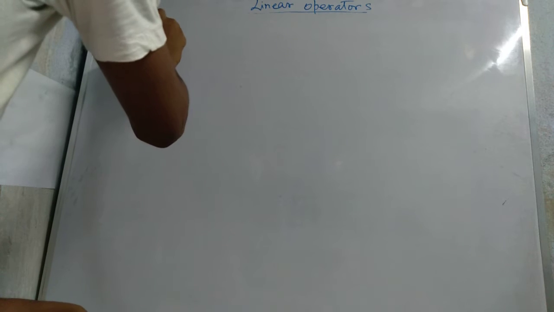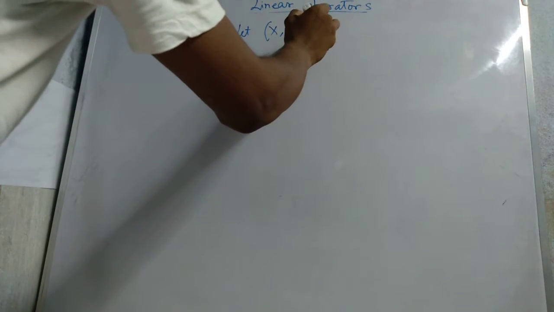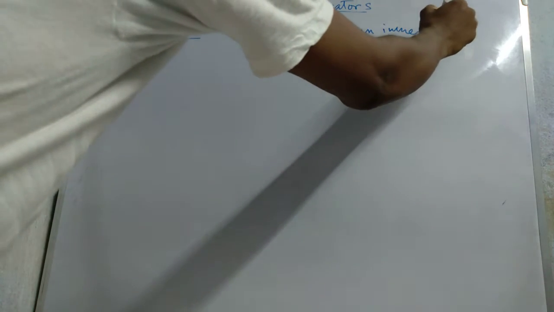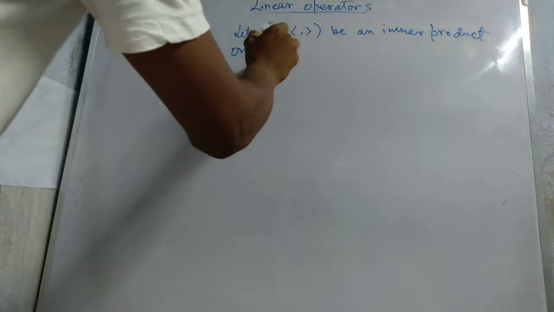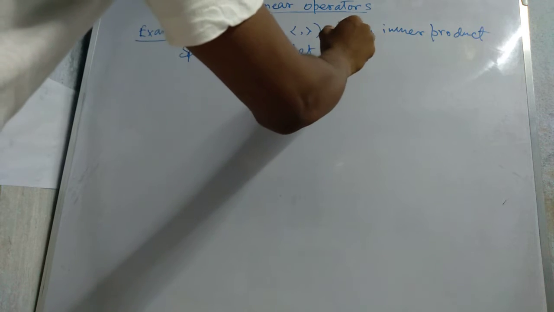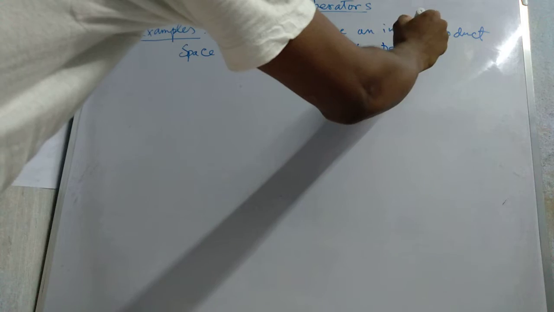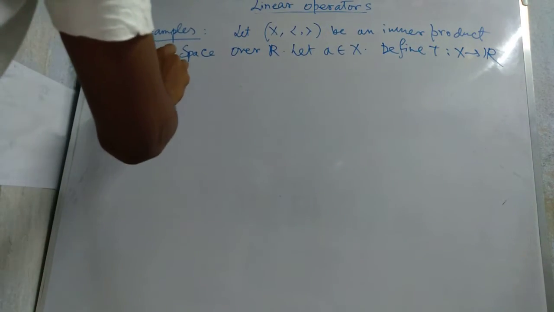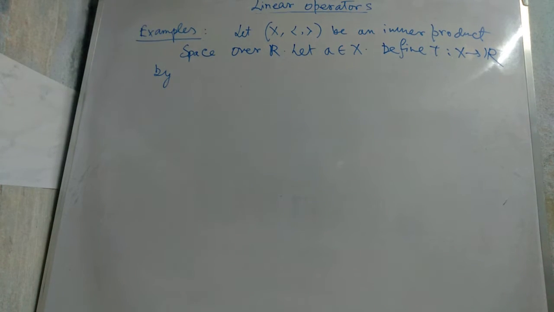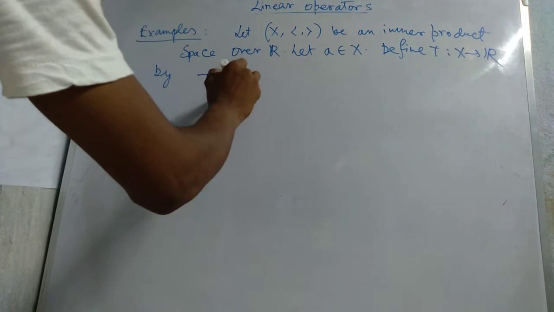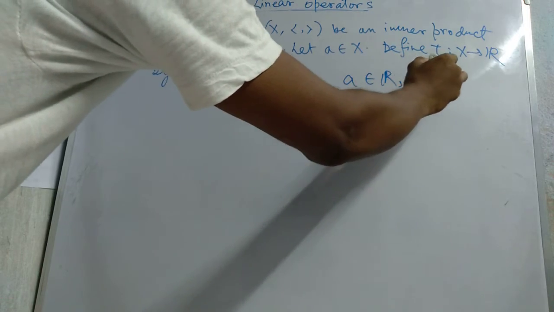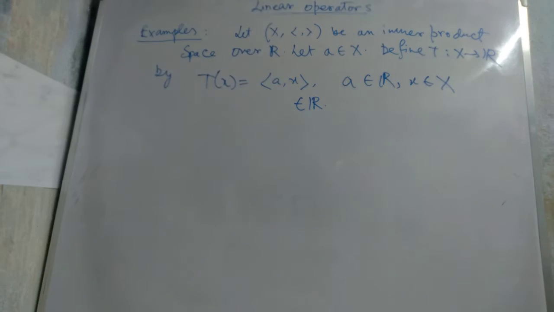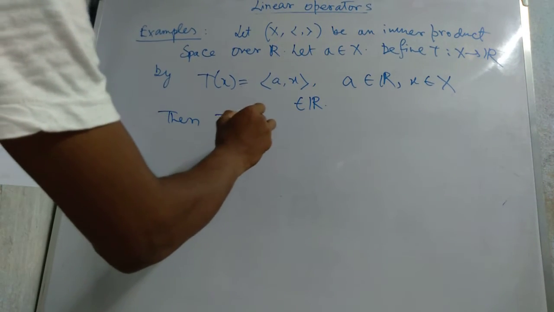Example: let X with inner product be an inner product space over R, and let a belong to X. Then define T from X to R by T x equals the inner product of a and x, where a belongs to X and x belongs to X, and this obviously belongs to R. Then T is a linear functional.